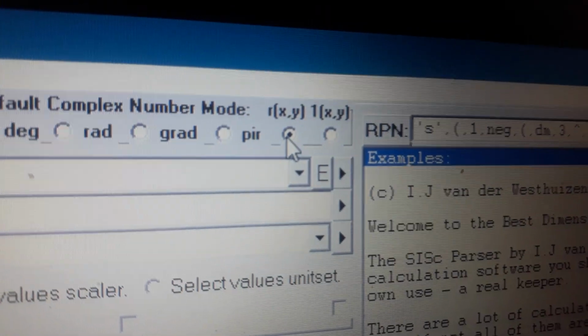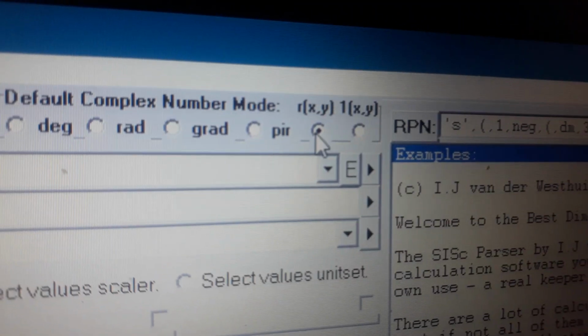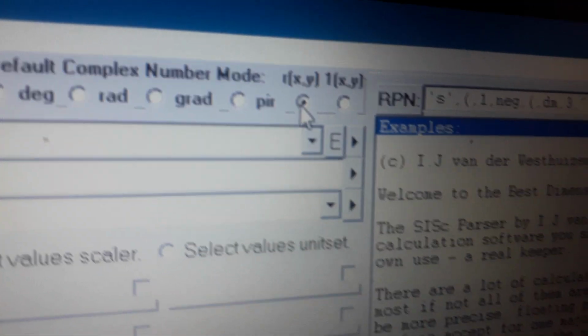Now I'm going to go to R and the X and Y of a unit vector, or RXA mode. It's the same radius of 1. It will be the same basically, because the answer is 1 decimeter.